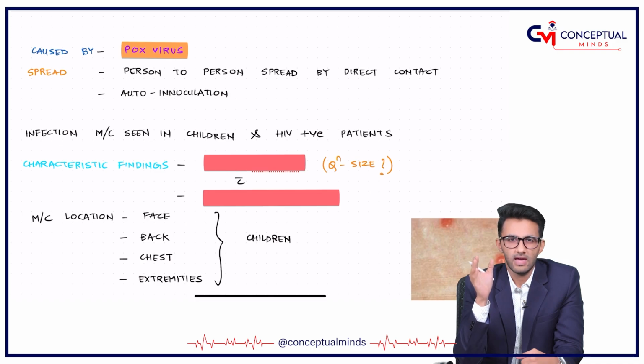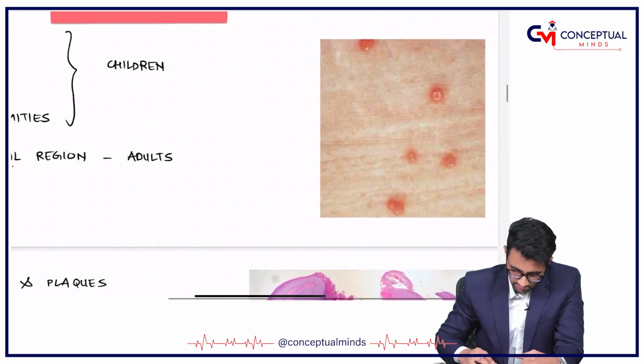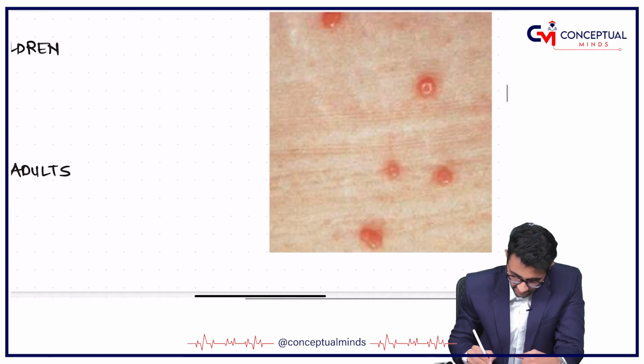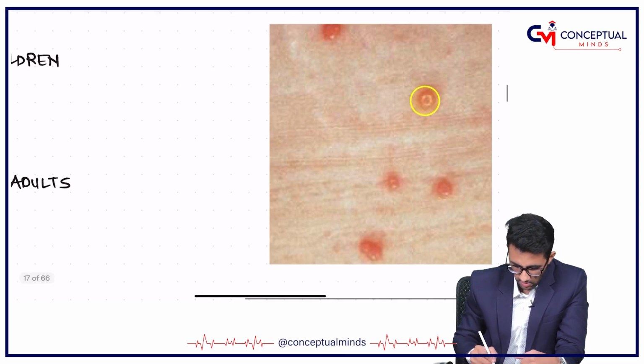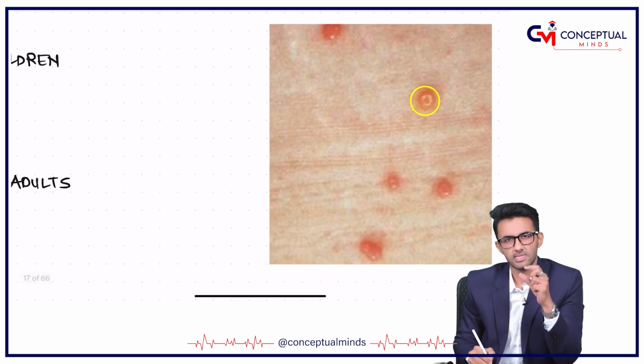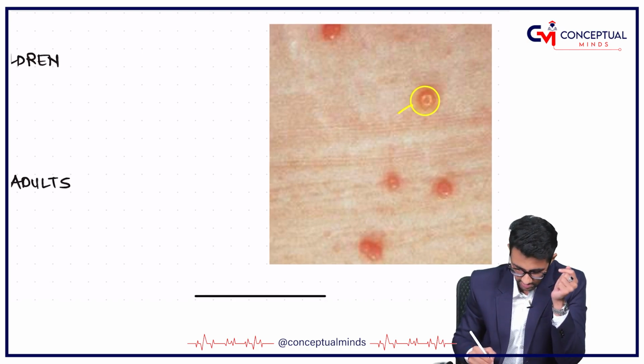Yes, so we have a direct transmission occurring, and because of this feature, there is a very characteristic word known as auto-inoculation, which is seen in Molluscum contagiosum. What this means is, if this was the first lesion to appear in this patient, then as this lesion ages, it is going to infect the other one, and the other one, and the other one gets infected.